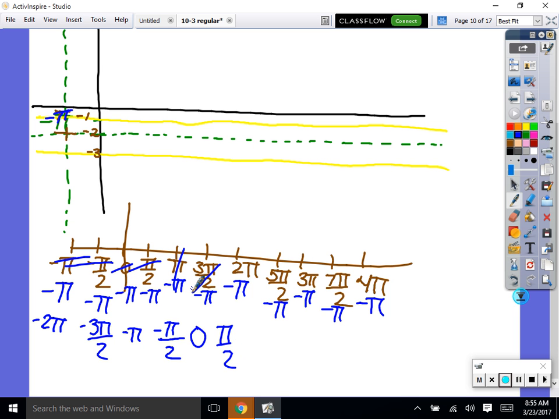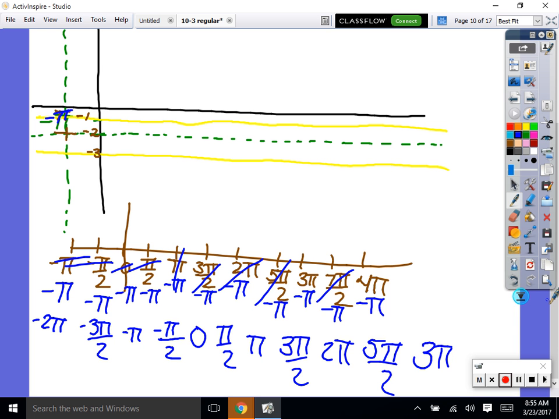And then 2 pi minus 1 pi is pi. So these are my new points in this exact order. 5/2 minus 1. Yep. And then 3 minus 1 is 2 pi. We're almost there. 7/2 minus 1. And then 4 is 3 pi.